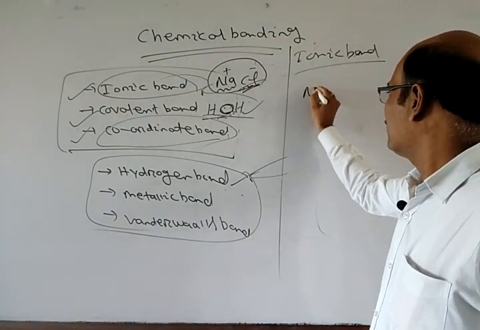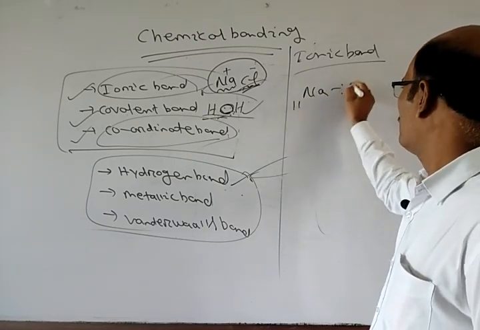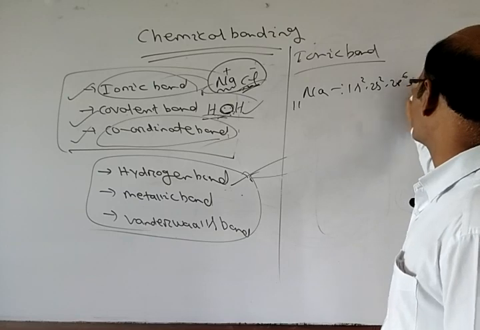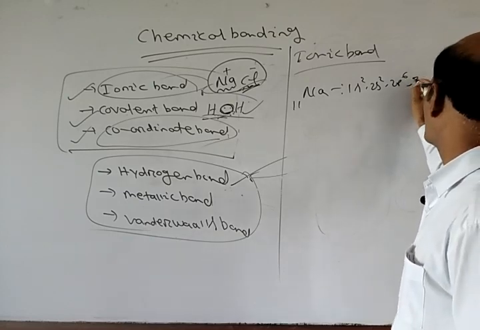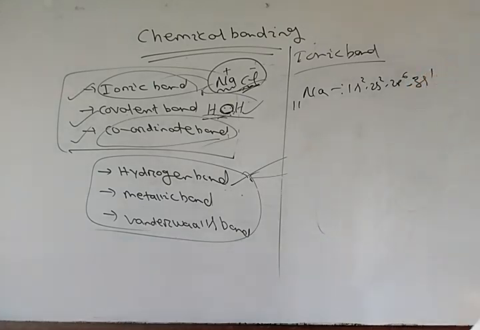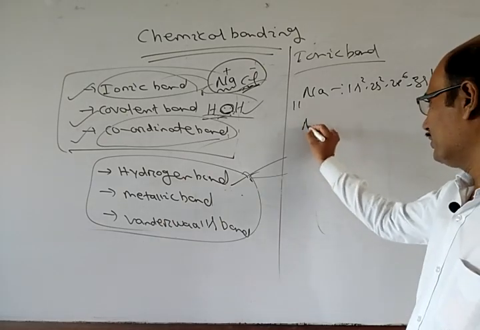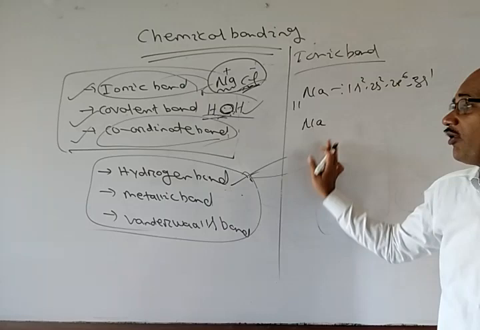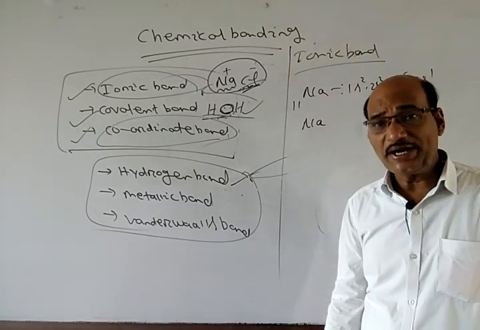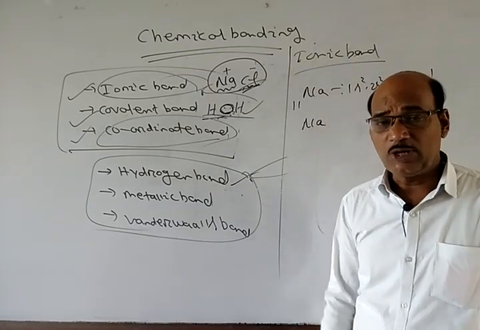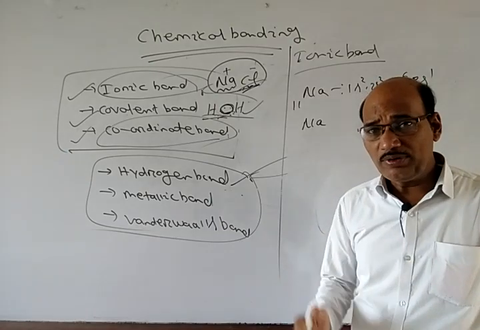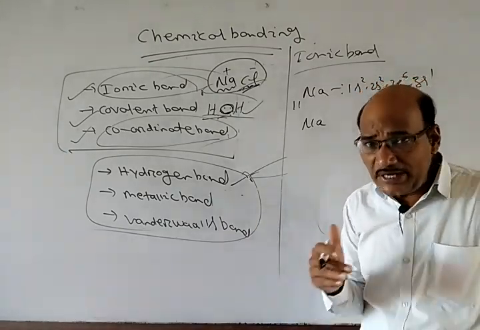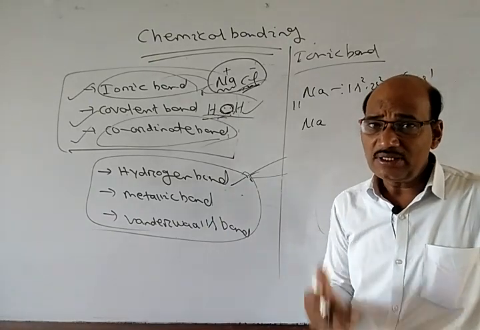Na 11: 1s2, 2s2, 2p6, 3s1. Now we have to remove one electron from the Na to get the Na plus. If you want to make an ionic bond, we have to create a positive charge, and for creating the positive charge, we need the ionization energy.